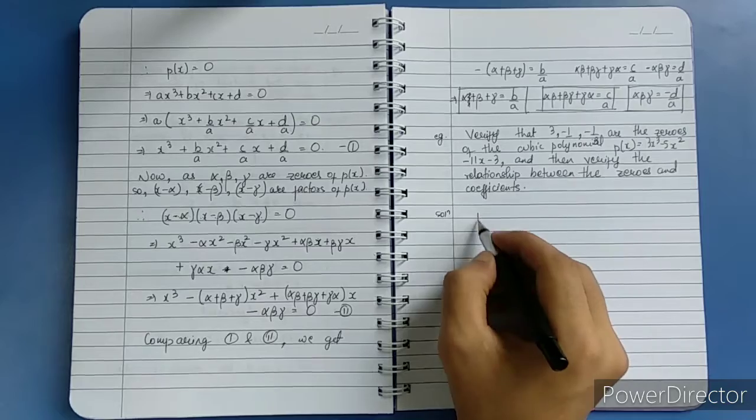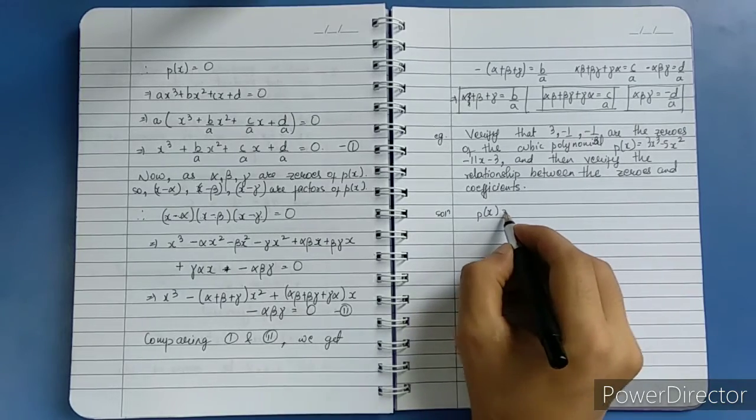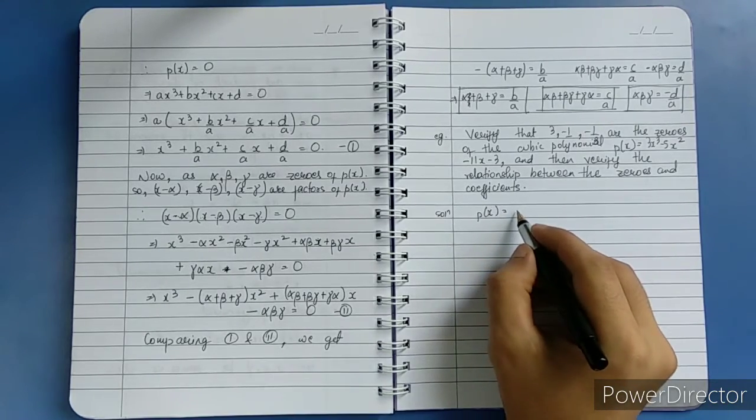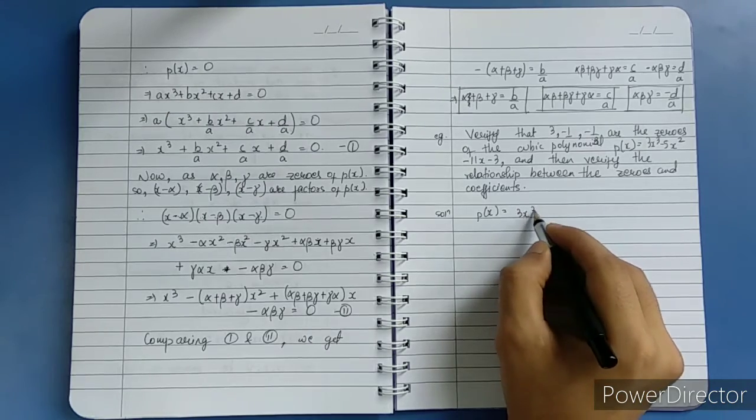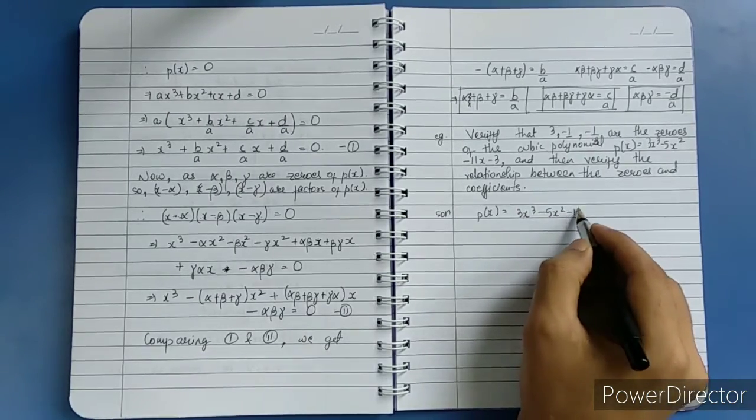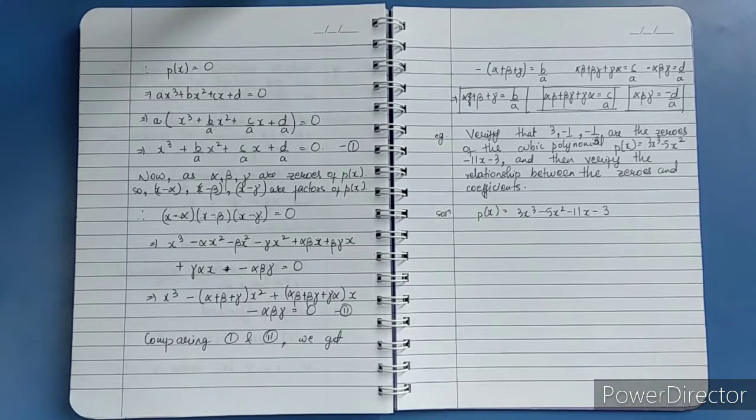Solution. So p of x given to us is 3x cubed minus 5x squared minus 11x minus 3. We need to check one by one if this is 0 or not.